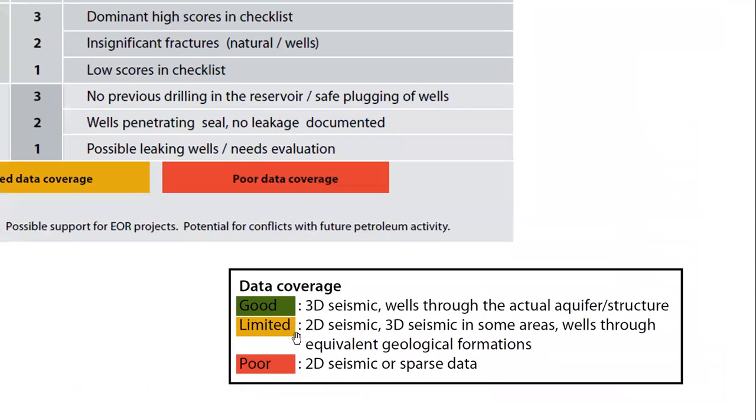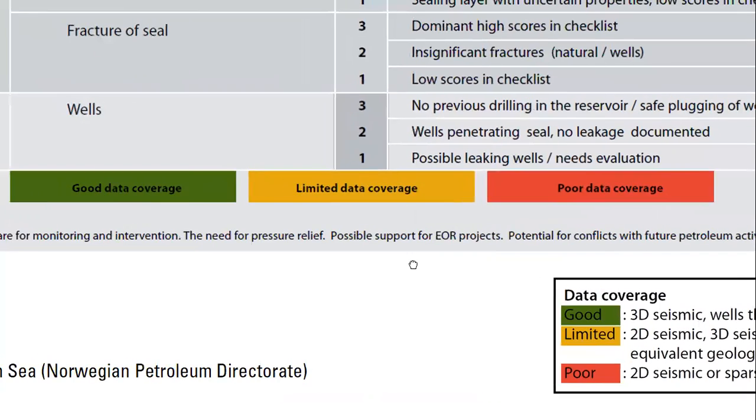And limited: if you have 2D seismic, 3D seismic, but not for all the reservoir, only in some areas, and you have wells through equivalent geological formations, not necessarily the aquifer itself. And if you have only 2D seismic and sparse data, of course, you will have poor data coverage. Okay, so that's our table.